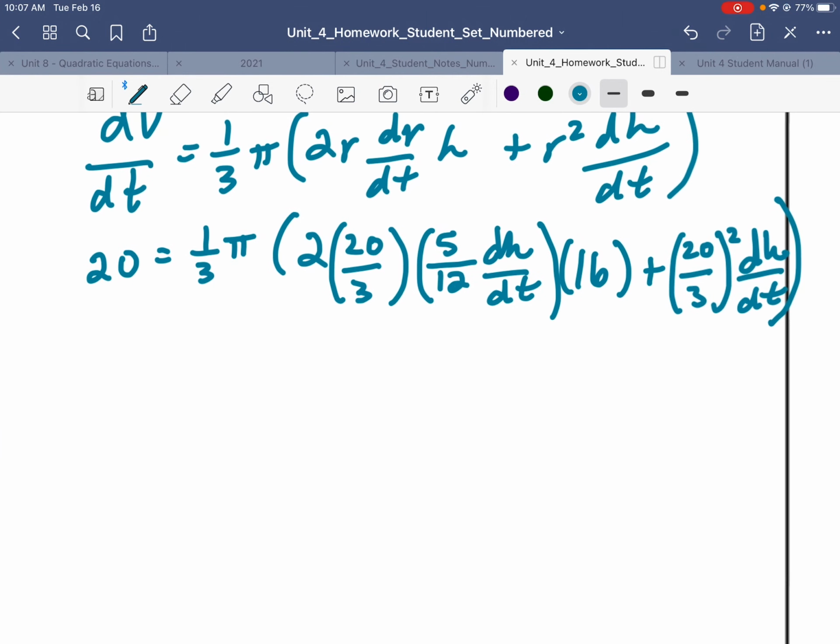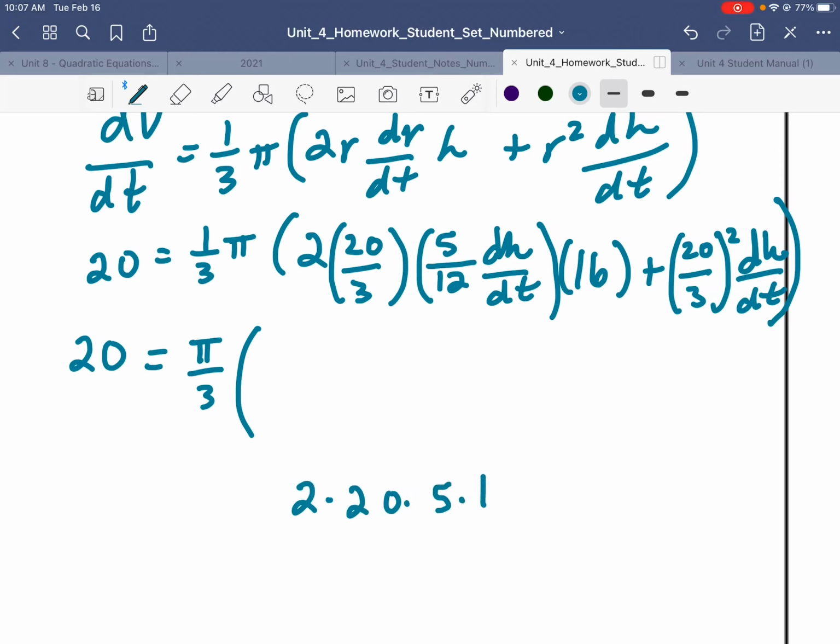All right, so from here, all we're doing now is just solving for dH/dt, so it's just algebra. So 20 is equal to, let me write just pi over 3. Let's see, I'm going to simplify this. So 2 times 20 times 5 times 16 all over 3 times 12. So I'm actually going to simplify these numbers.